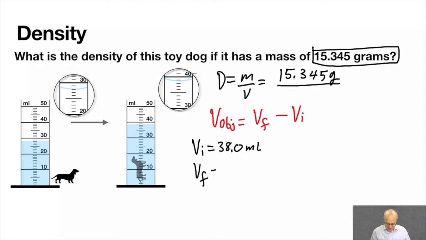VF equals, so here, go to here to read the meniscus. I'm going to say it's 38.9. So I made a mistake in my first measurement. Oops. 38.9. Yeah, seems about right. Now I made a mistake here.